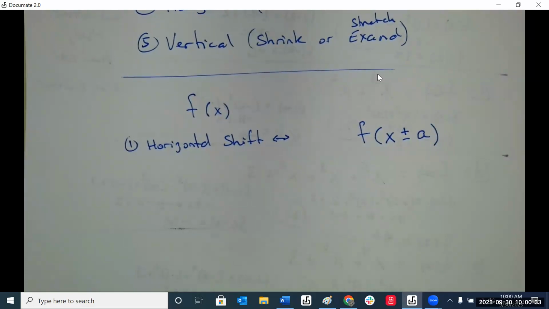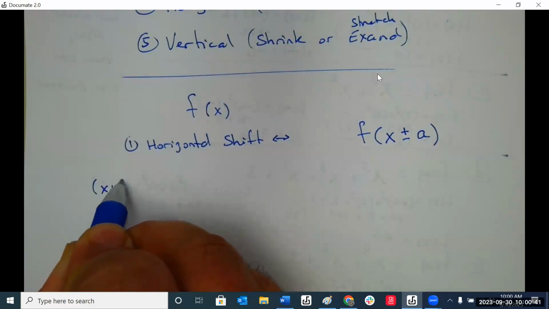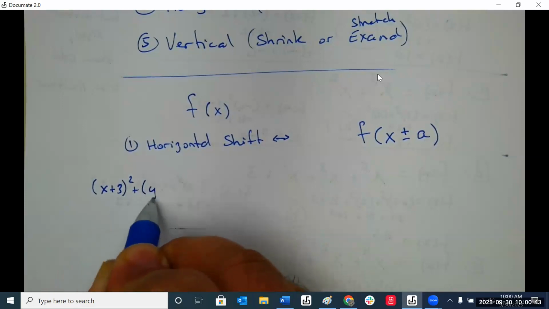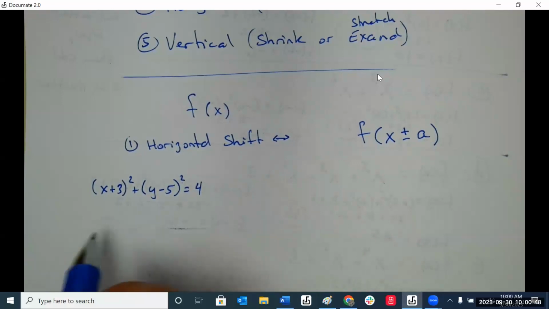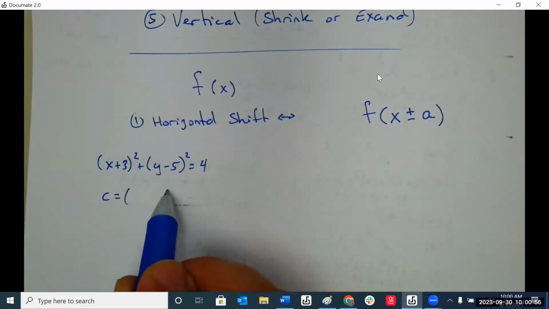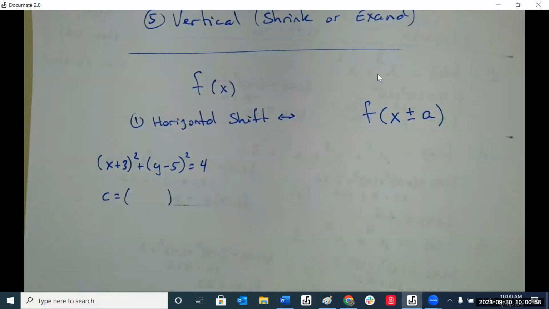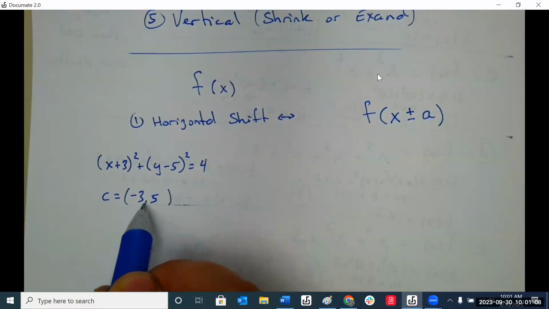Remember when we talked about equations of circles? And I gave you... where is the center of this circle? -3, 5.